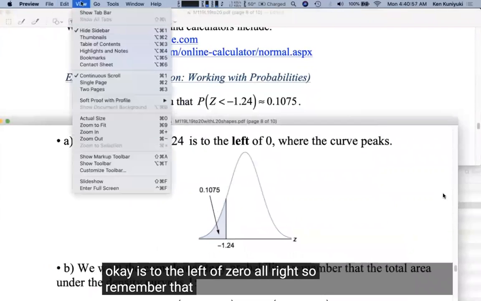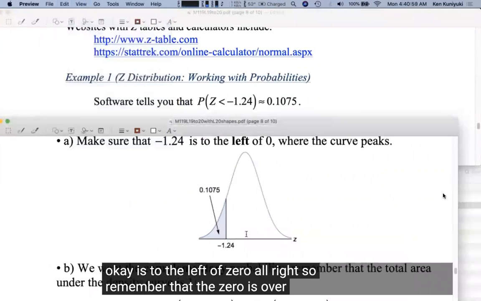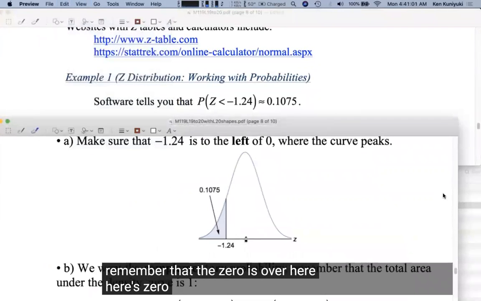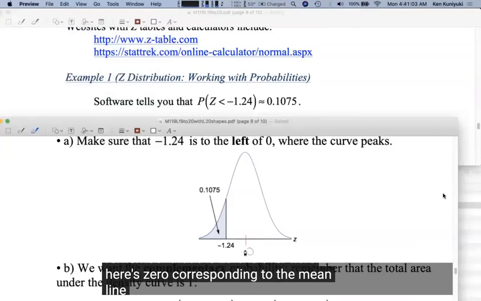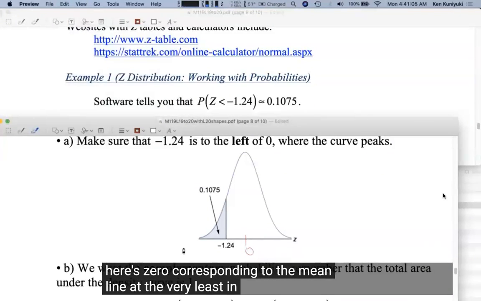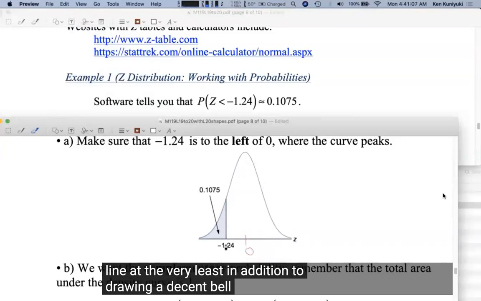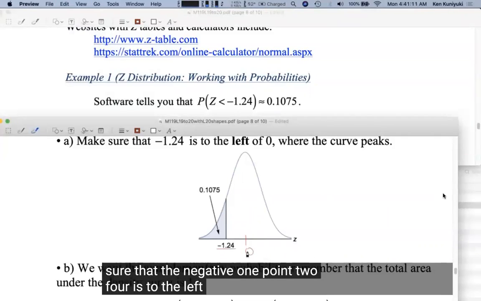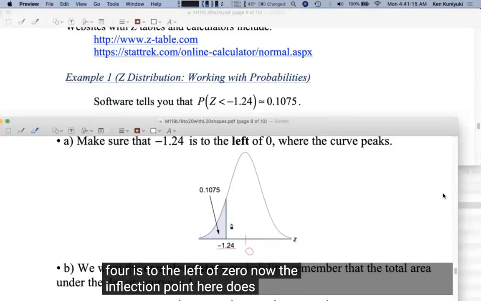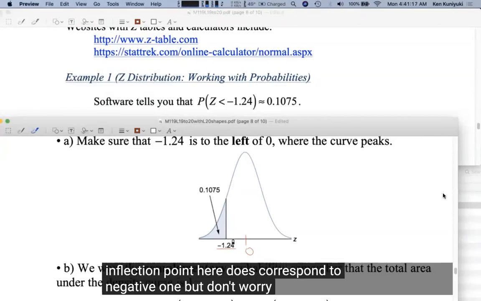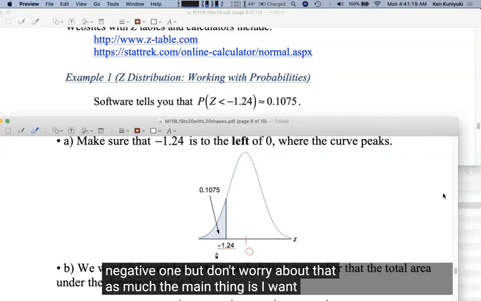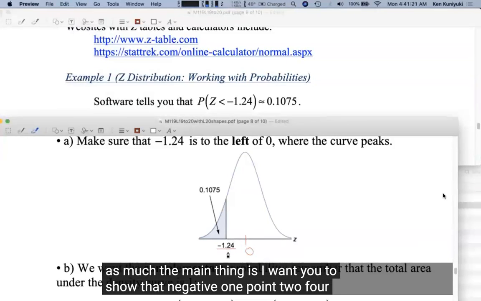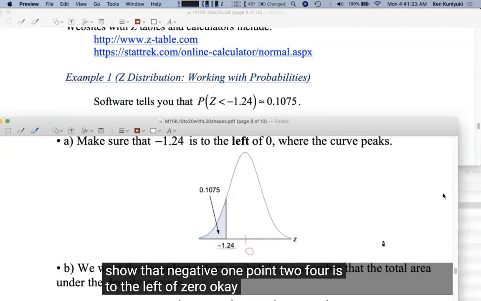Here's 0, corresponding to the mean line. At the very least, in addition to drawing a decent bell curve, please make sure that the negative 1.24 is to the left of 0. Now, the inflection point here does correspond to negative 1, but don't worry about that as much. The main thing is, I want you to show that negative 1.24 is to the left of 0.